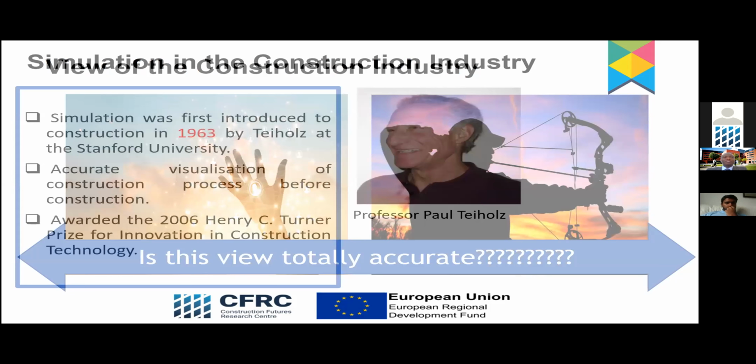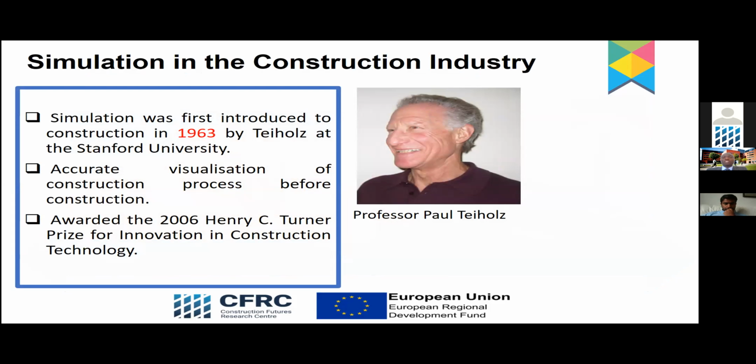When I tried to do some research to understand where we are with regard to innovation, and in particular simulation, I came across the work of Professor Paul Teicholz, who is among the first people to have a PhD in civil engineering management from Stanford. What he looked at basically was how simulation is used in the construction industry.